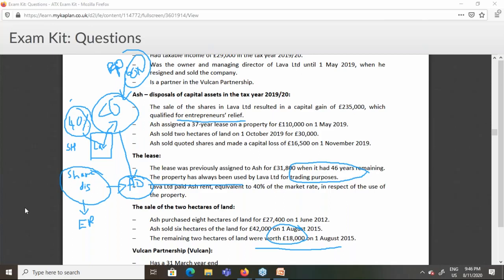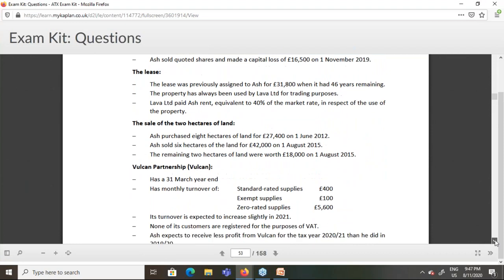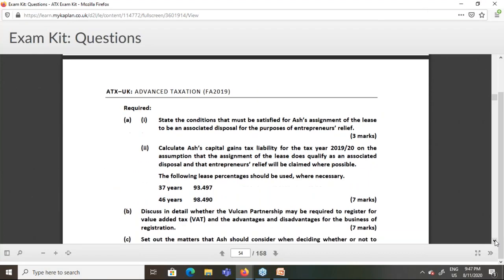Now, let's look at the next part of the question. Calculate Ash's capital gains tax liability for the tax year 2019-20 on the assumption that the assignment of the lease does qualify as an associated disposal and that entrepreneur's relief will be claimed where possible.